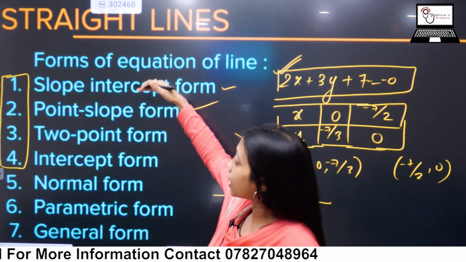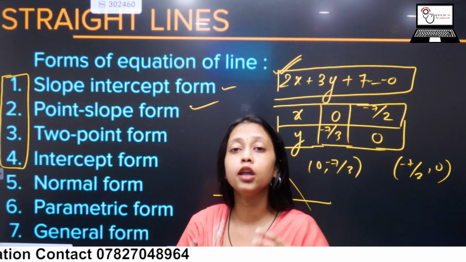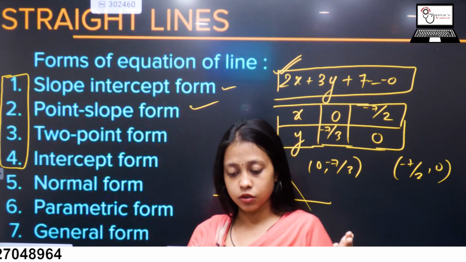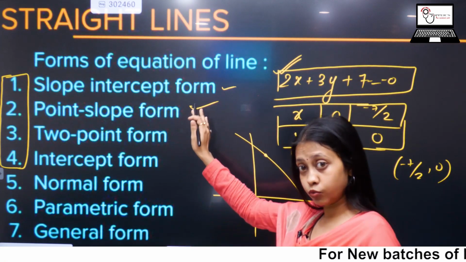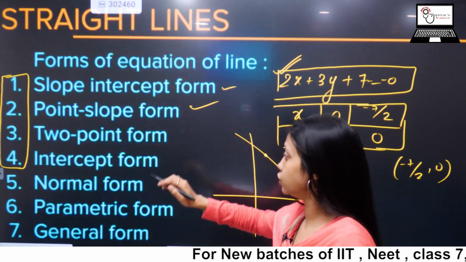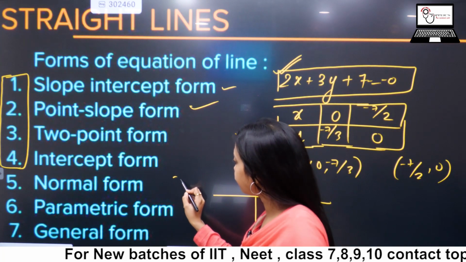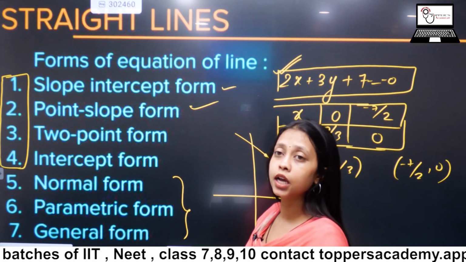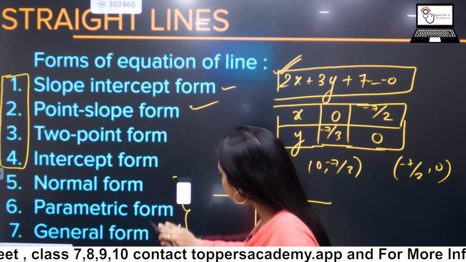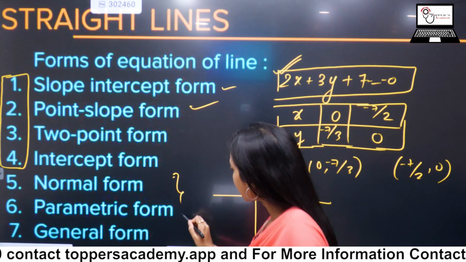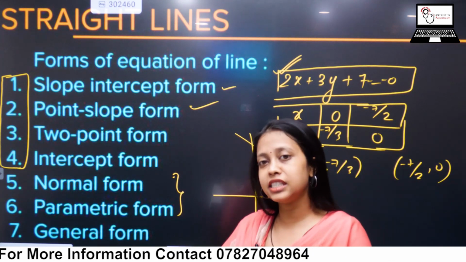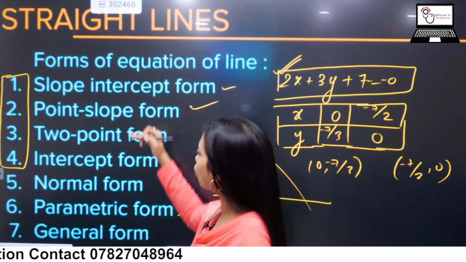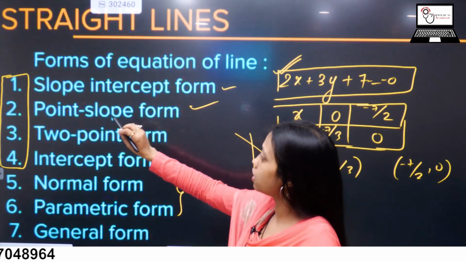But you can apply these 2 forms and complete most of the questions, even at the JEE level. Now, these 5, 6, 7, more importantly 5 and 6, are somewhat different, so we are not going to discuss them in this lecture. We are focusing on only the first 4. Let's see what these are.